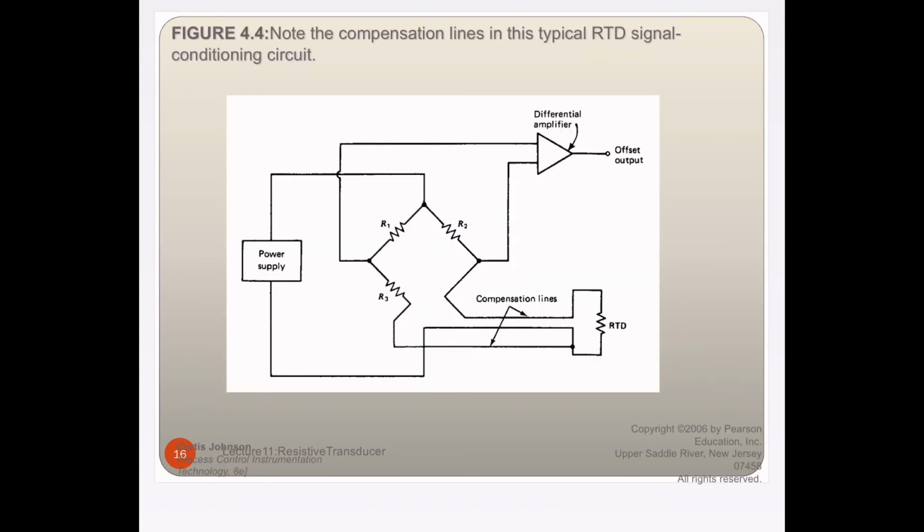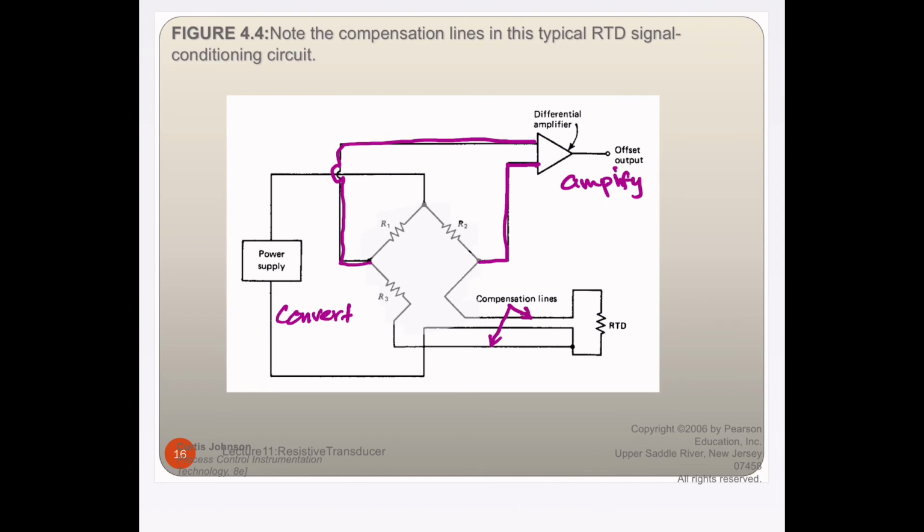As we can see here, we have a bridge circuit here, and the function of the bridge circuit is to convert. The output from the bridge circuit is then sent to the differential amplifier to amplify the signal. Here we can see we have compensation lines.